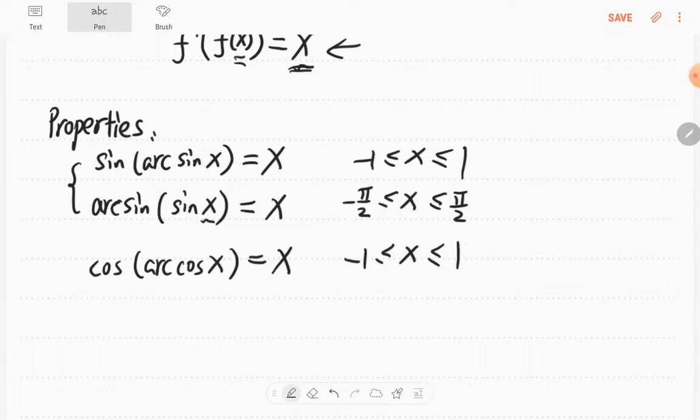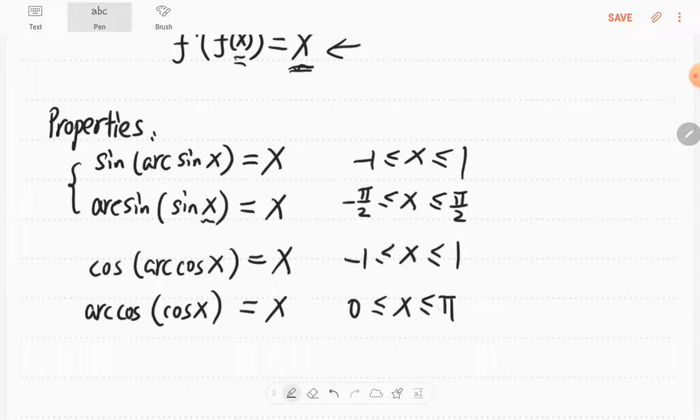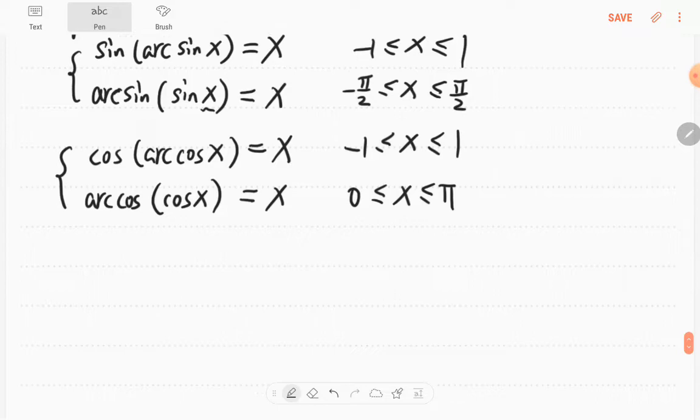Arc cosine of cosine x is equal to this x, and this x should be between 0 and pi, right? Because this x is in the range of arc cosine. Arc cosine is always in the first and the second quadrant, I'm sorry, not the fourth and first, so it's from 0 to pi.